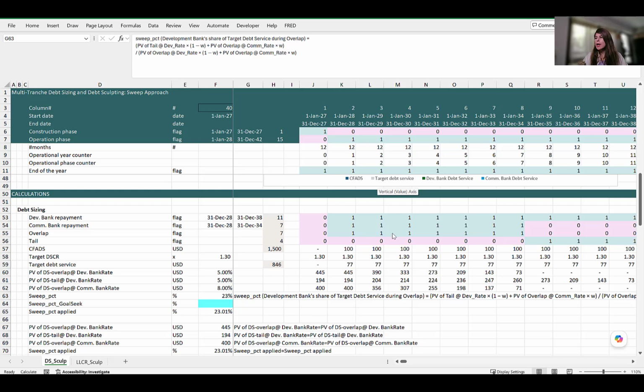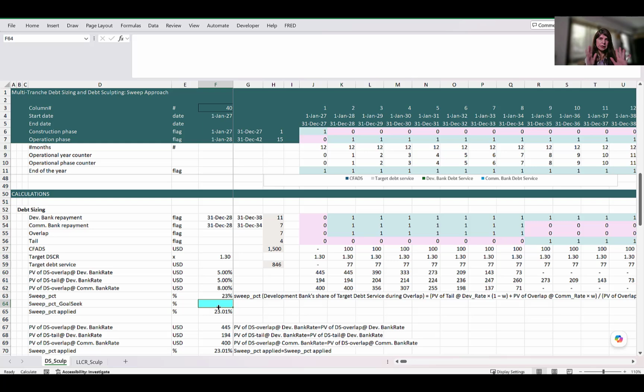So the reason why I brought up this approach is that it makes us think a little bit more deeply about this problem of debt sizing and debt sculpting before we just set up our goal seek or copy and paste or bisection, whatever, to force the model to size the debt and repay both tranches fully.